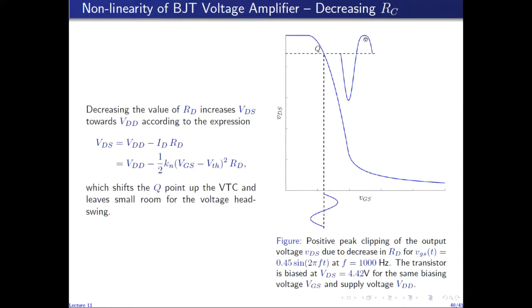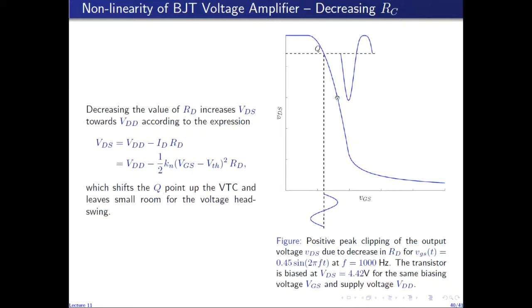The output drain to source voltage cannot exceed VDD, because if it did, the drain current would flow in the opposite direction, which is not possible. So as soon as the output drain to source voltage approaches VDD, it is clipped off at that point.